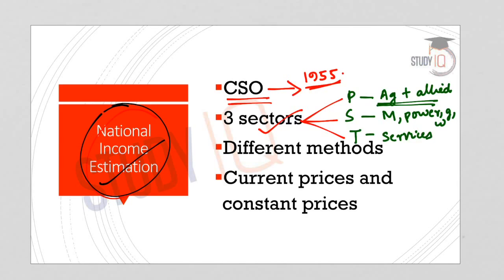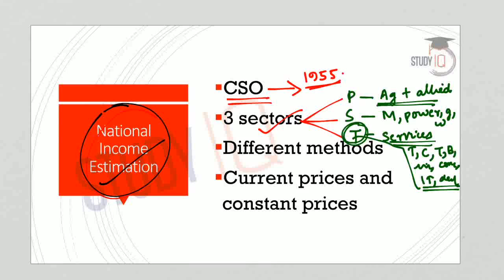So all kinds of services are included in the tertiary sector, including transportation services, communication, trade, banking, insurance facilities, computer software, IT, public administration, defense, external trade. All these services are included in the tertiary sector. So these are the three sectors of the Indian economy in short.